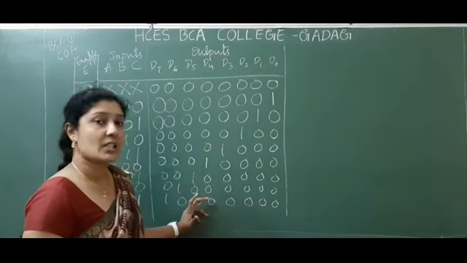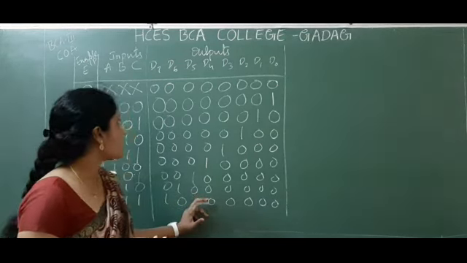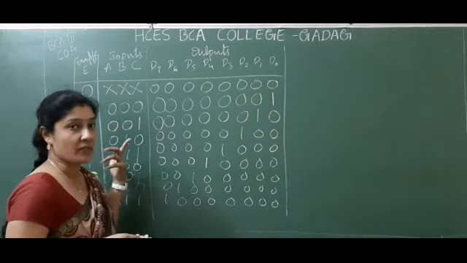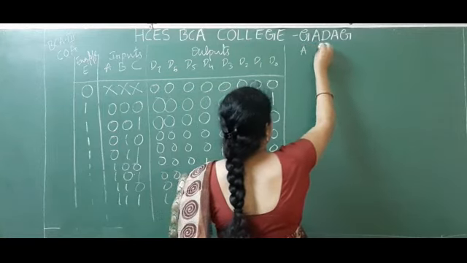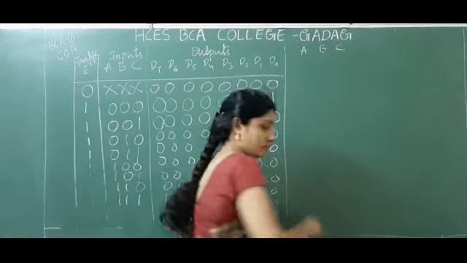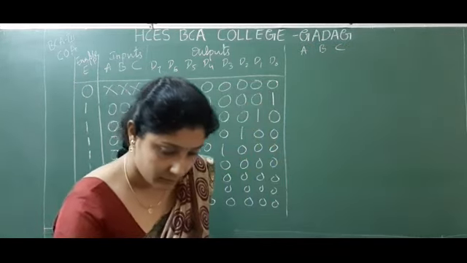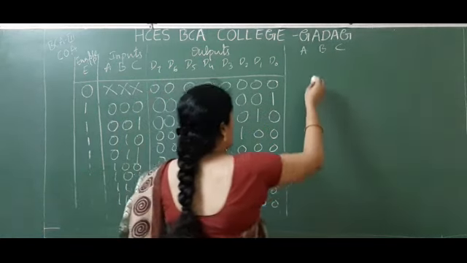Now coming to the logic diagram. See, logic diagram is also very simple. We have to consider the inputs first. So we have 3 inputs.